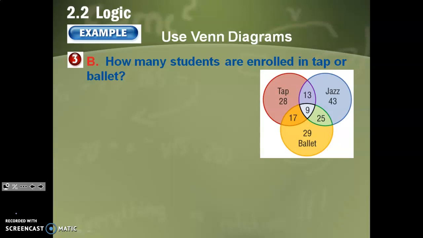So for tap and ballet, we can forget about the people that are just in jazz, but as we go around this circle, we want these 28 people, we want these 13 people, because those 13 people take tap also, these 9 that take ballet and tap, these 17 that take ballet and tap, and the 25 people that take ballet and jazz, but they take ballet, so we want to count them. And we want to count the 29 that just take ballet, since we're talking about or. So it could be any of those that take tap or ballet.